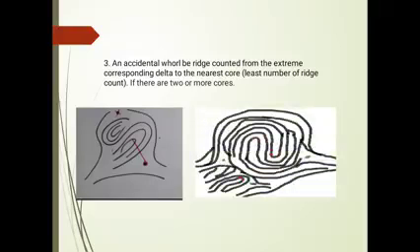An accidental whirl is ridge counted from the extreme corresponding delta to the nearest core. So if you are going to encounter an accidental whirl, you locate the delta in which the least number of ridges should be counted. If it is the same ridge count, choose the one that is nearest to the delta.